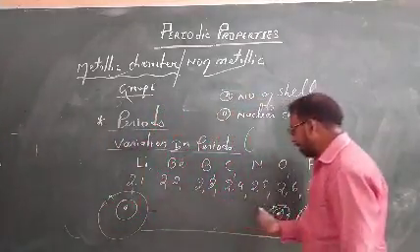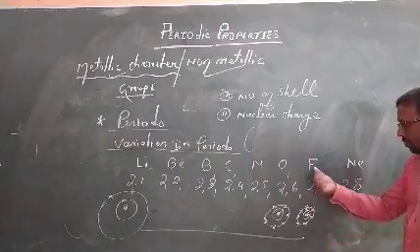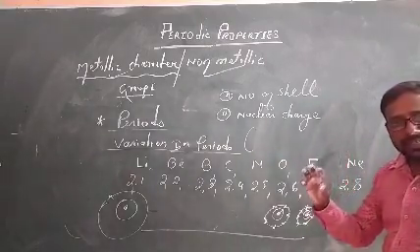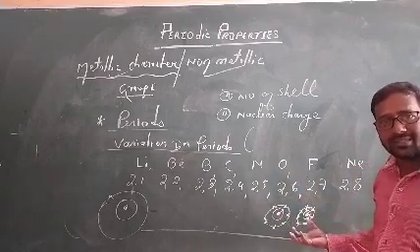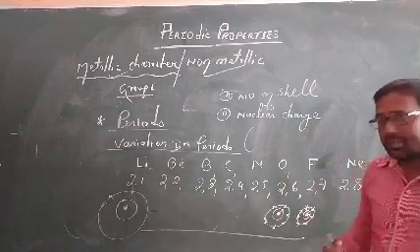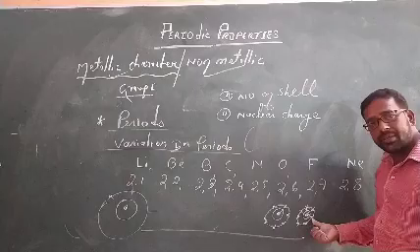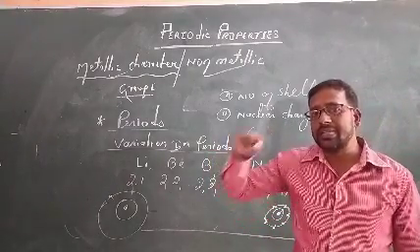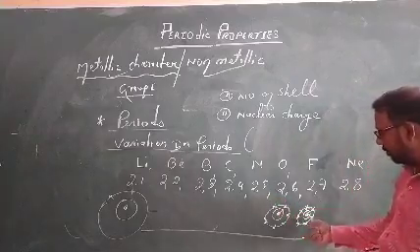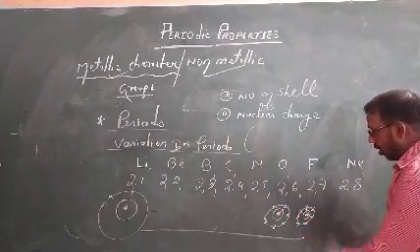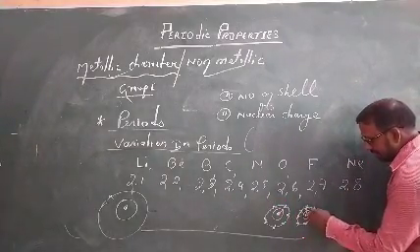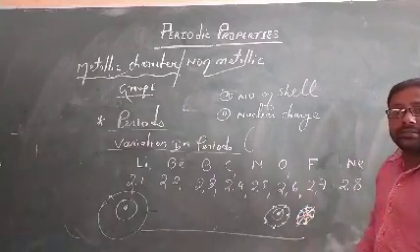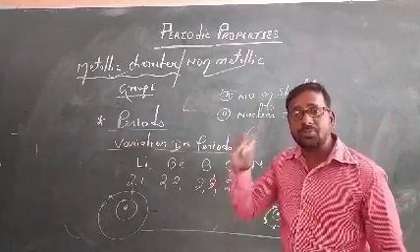But in a period, suppose you are talking about fluorine, it has a very small atomic radius and greater nuclear charge. Can you remove the electron from its shell? No, it is very difficult to remove the electron from the valence shell, because all electrons are greatly attracted toward the nucleus.